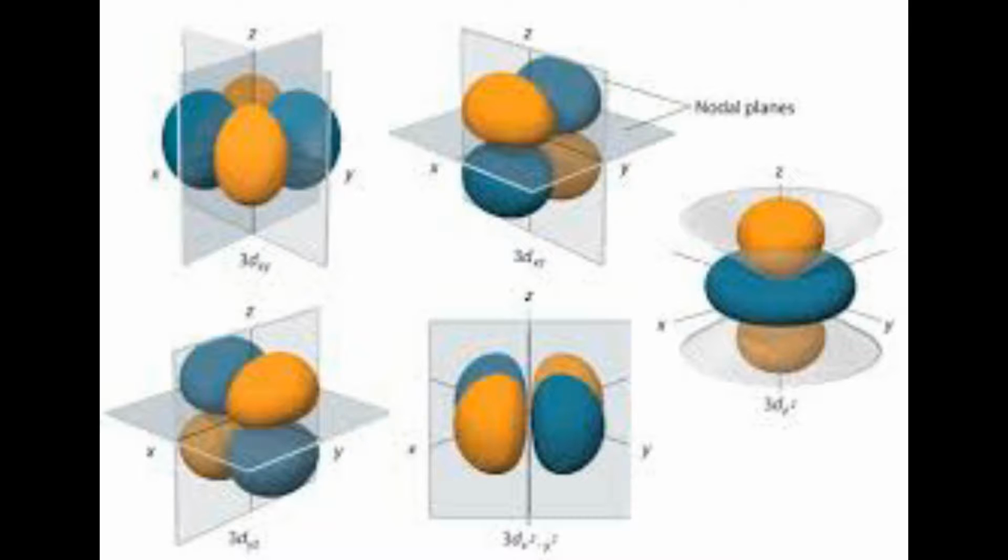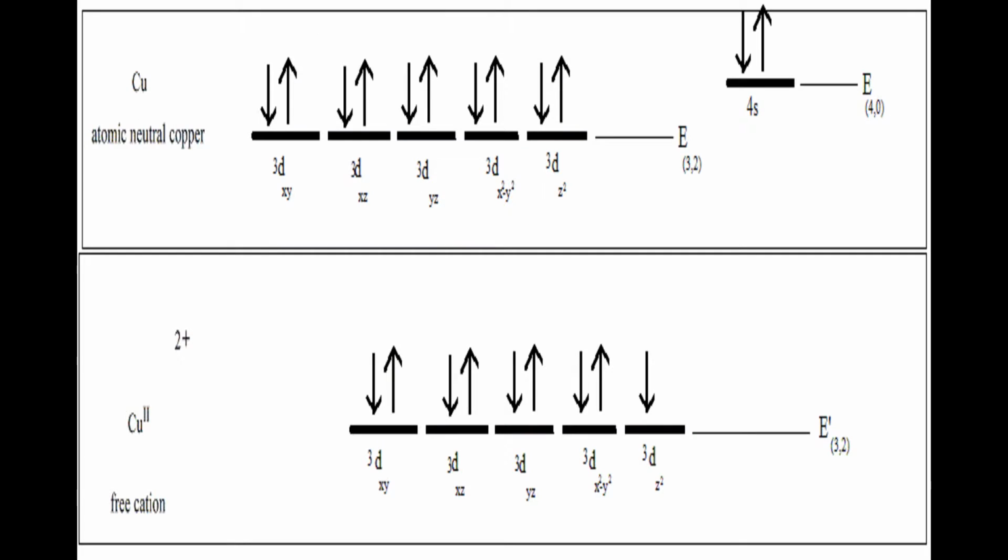So copper has an electron configuration that in the neutral state, all of the 3d orbitals are full, and also there is one more electron in the 4s orbital. So you can see now that the neutral copper has the configuration above, while when we take 2 electrons from copper, we make the electron configuration that is under.